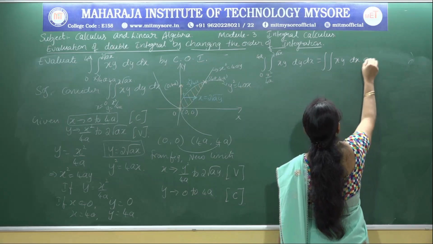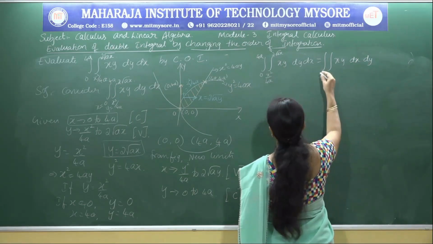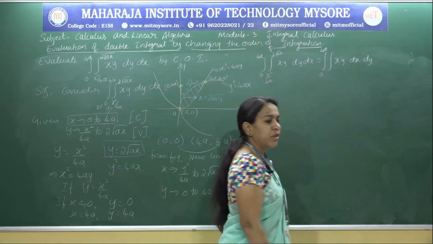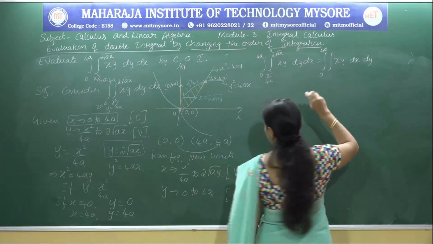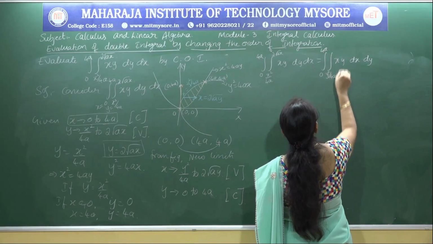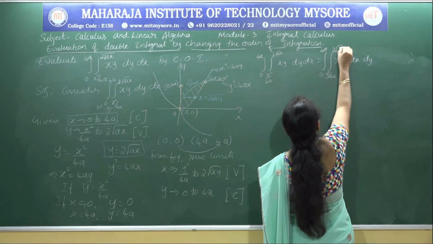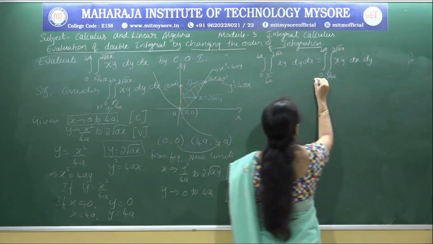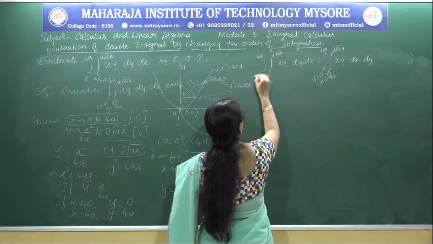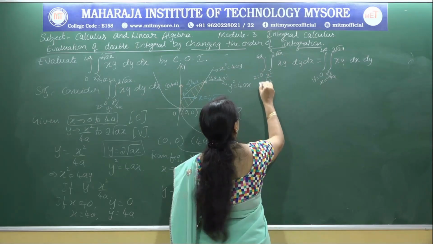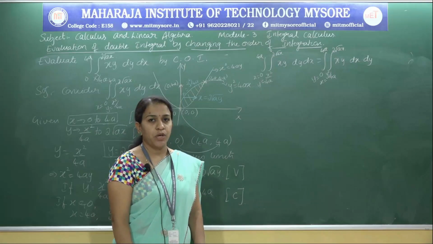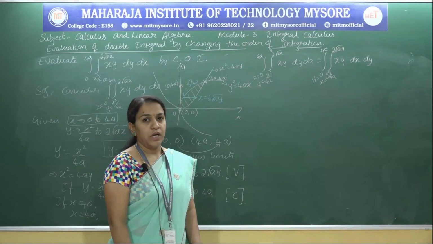I should write first dx then dy because we are changing the order, and we know that the constant limit must be the outer limit and the variable limit must be the inner limit, that is y square by 4a to 2 times root of ay, where y varies from 0 to 4a and x varies from this. Here x varies from 0 to 4a and y varies from x square by 4a to 2 times root ax. So we change the order of integration.